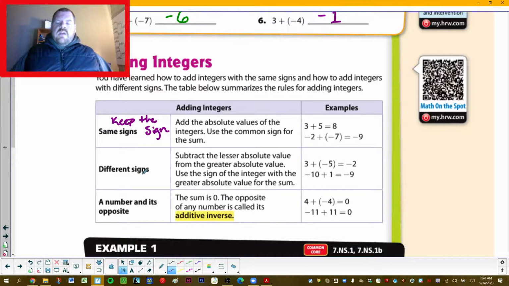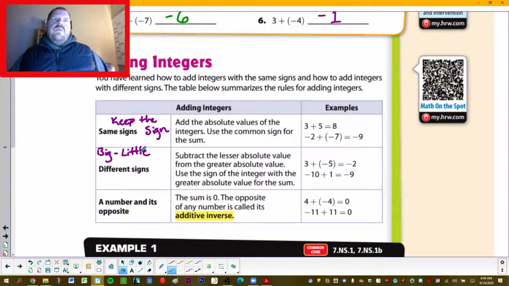Okay? For different signs, we want to subtract. They use some kind of complicated words to say this. I really want to think about going the big number minus the little number. And we haven't really done it that way, but that's another strategy that you can do.